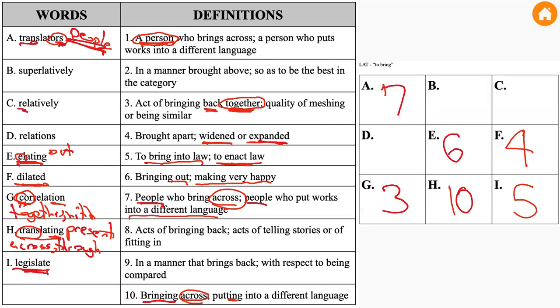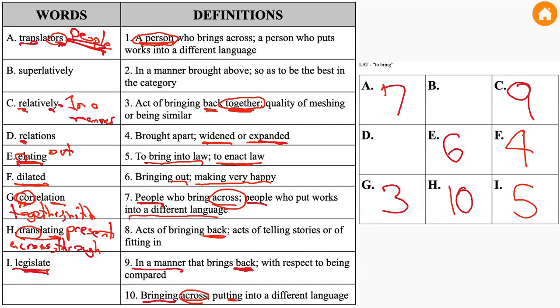Because what is back or again? RE and RE. We have C and D. So what is C and D going to possibly be? 8 or 9 because of back. Correct. So let's narrow down which one. Let's go to relatively. What do we know about words that end in ly? In a manner. Why 9? So C is 9, absolutely.